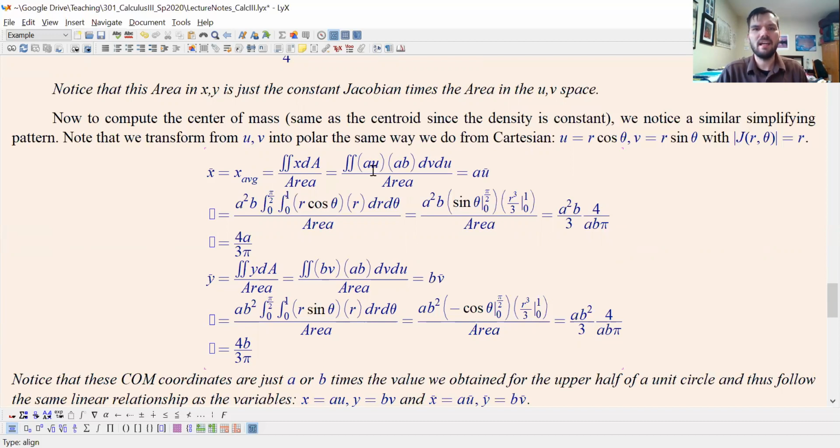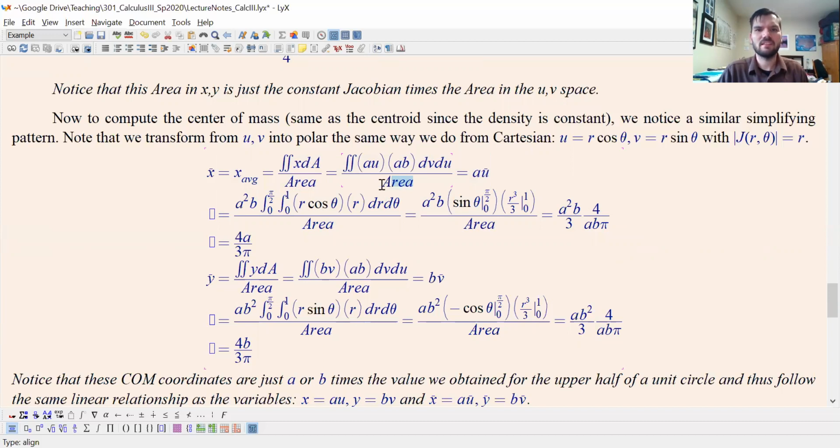That is a times u, and we write our Jacobian, translating into the UV space. Notice that if we factor the a out, we have u times the Jacobian piece over the area, and those two Jacobians will cancel.